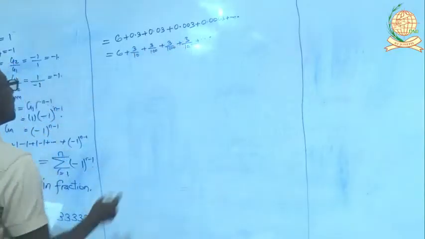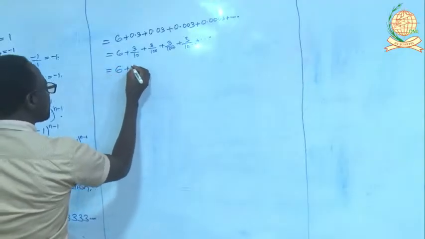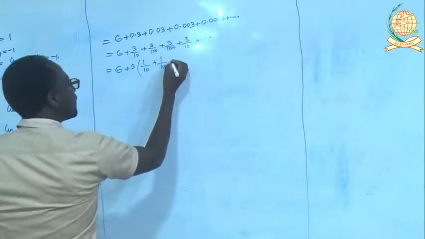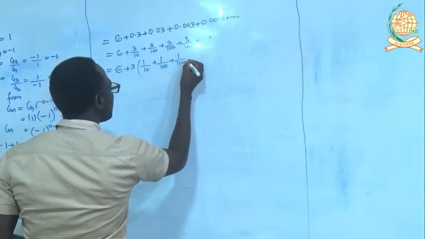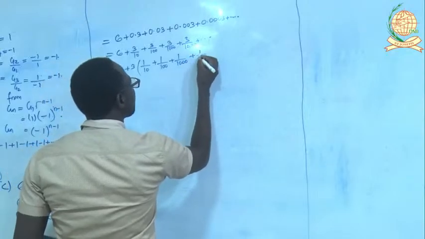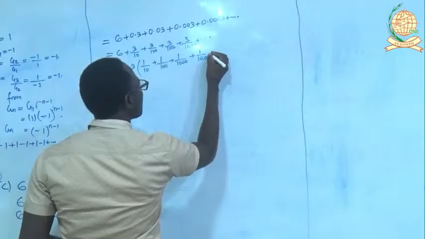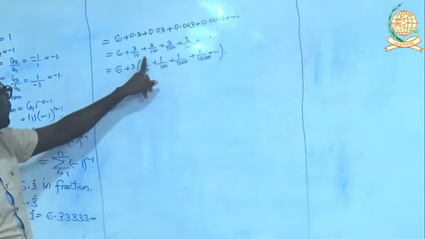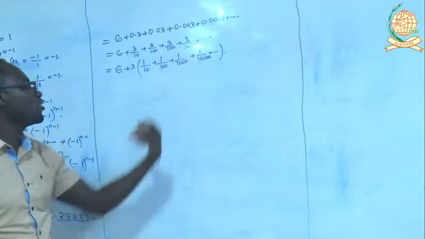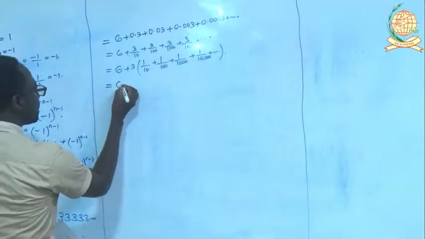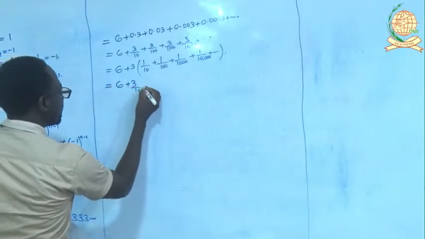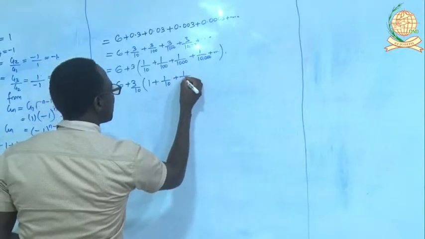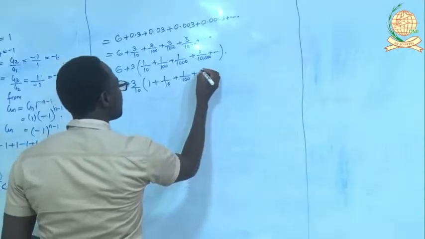So you take 3 out: 6 plus 3 times 1 over 10 plus 1 over 100 plus 1 over 1,000 plus 1 over 10,000, and it continues in that form. As you see, there is 1 over 10 in each, so take out 1 over 10. This is 6 plus 3 over 10, then 1 plus 1 over 10 plus 1 over 100 plus 1 over 1,000.